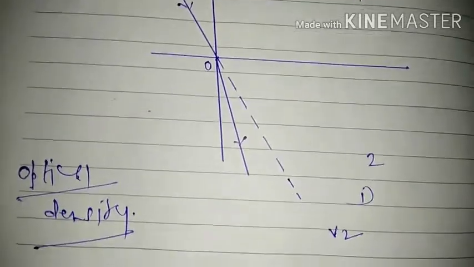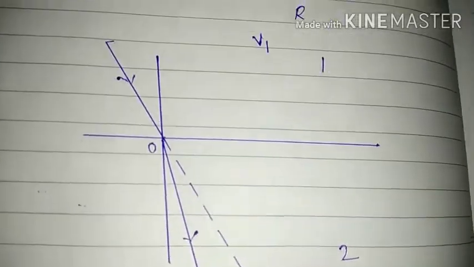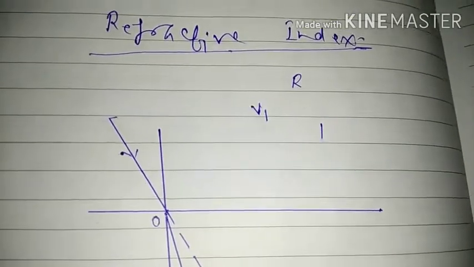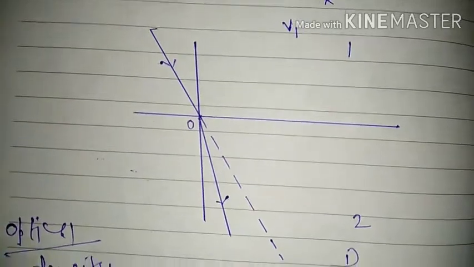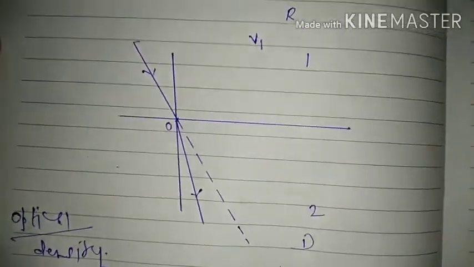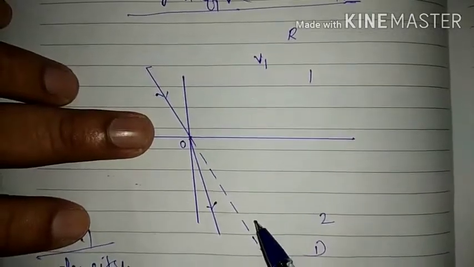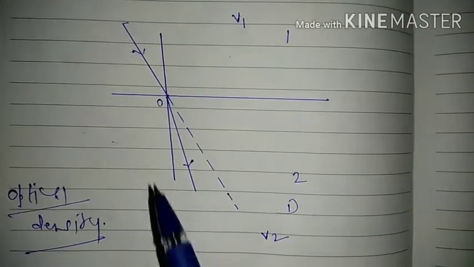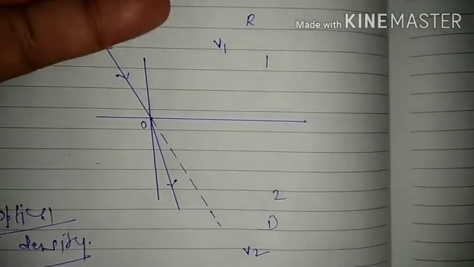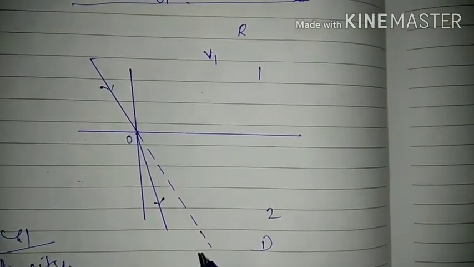Refractive index is nothing but the ratio of the speed of light in a given pair of media. Now we can easily explain it. If rays of light travel from medium 1 to medium 2, the refractive index of medium 2 is equal to the ratio of the speed of light in medium 1 to the speed of light in medium 2.